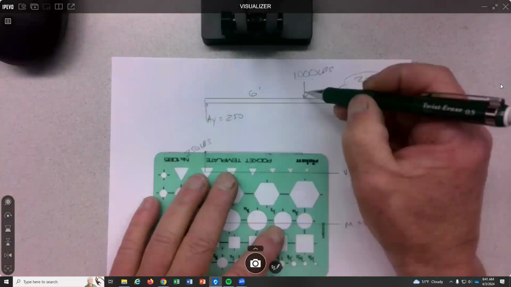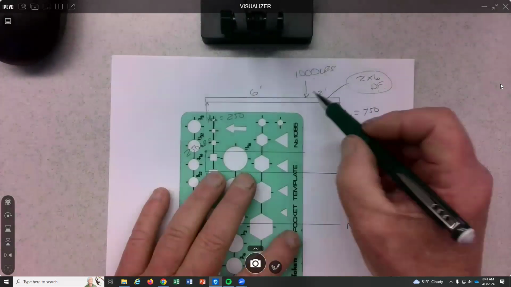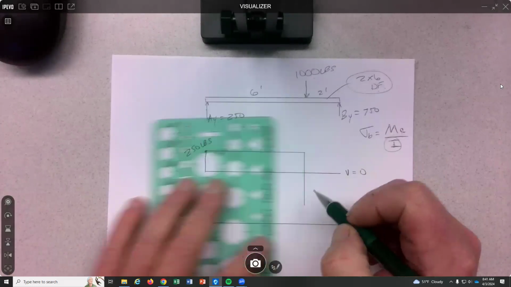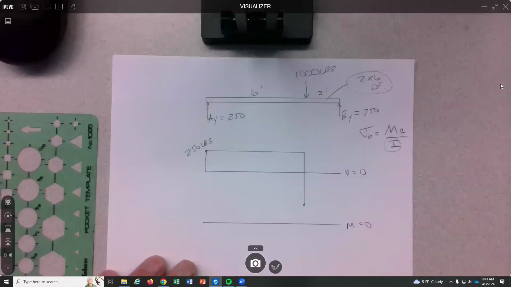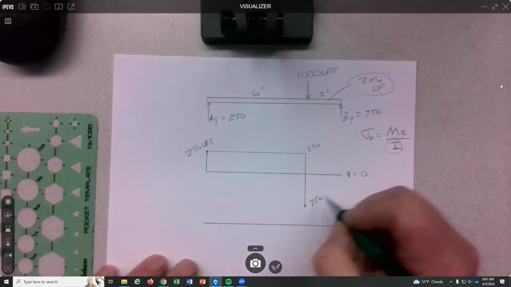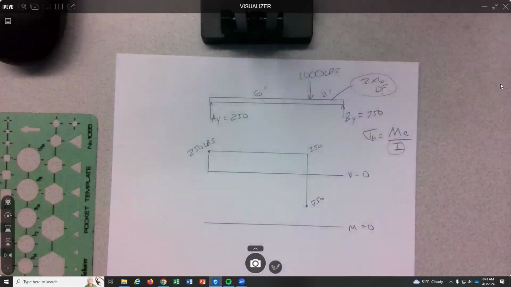Until you come to another force. When you come to that force, you follow that force and it's a down force. So we're gonna go down 1,000 pounds. So from 250 down to 750. Right? Follow the forces.